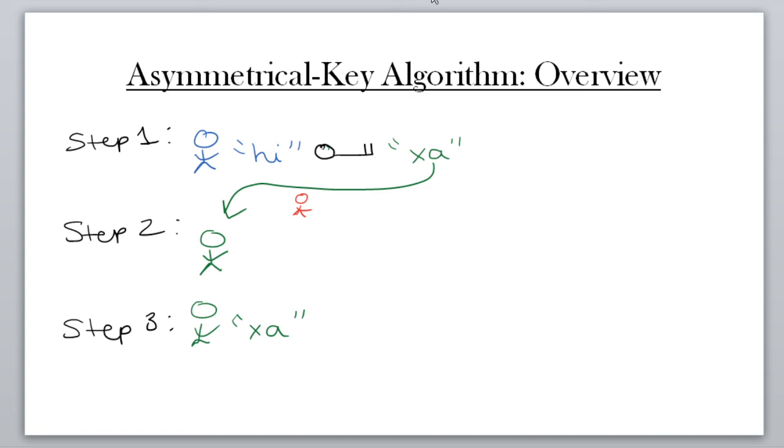So she therefore has to use her private key here, which is in green as you can see. So it's not the same as the public key. Different colors, different keys. And she therefore uses her private key in order to decrypt this ciphertext message back into the original plain text, aka the original message, hi.